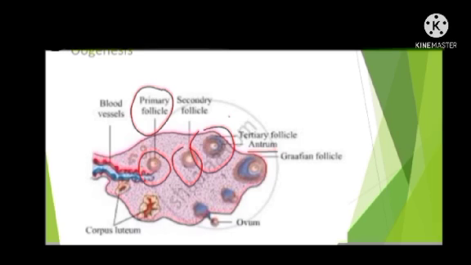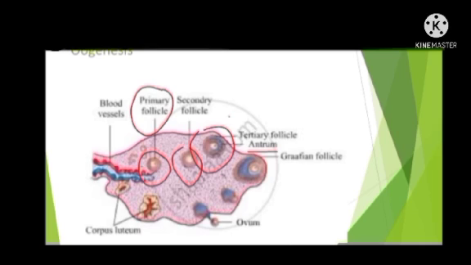The secondary oocyte is large in size because it has more nutrient rich cytoplasm in it, and the first polar body is very small because it has only a very little amount of cytoplasm. Now what happens to the tertiary follicle?